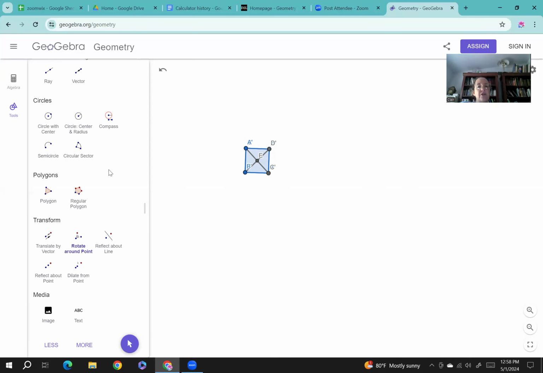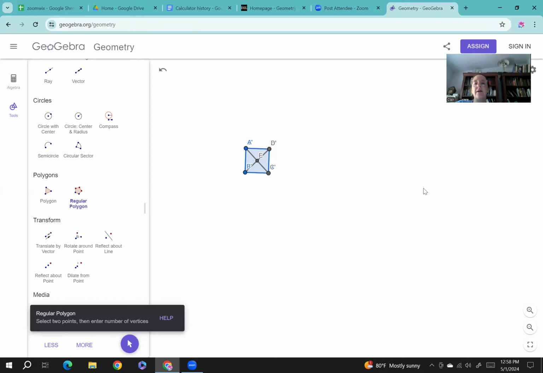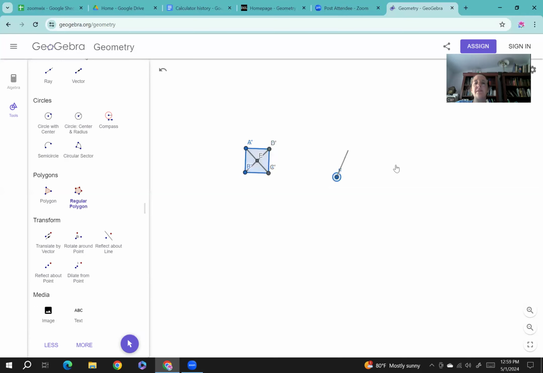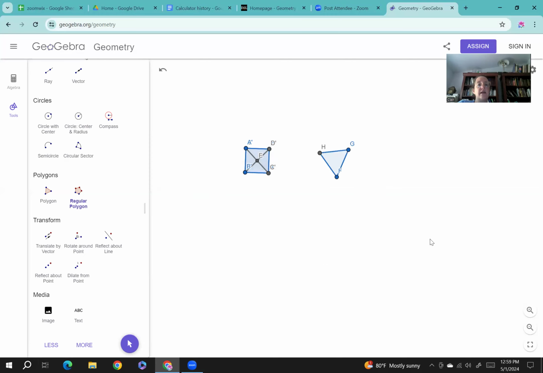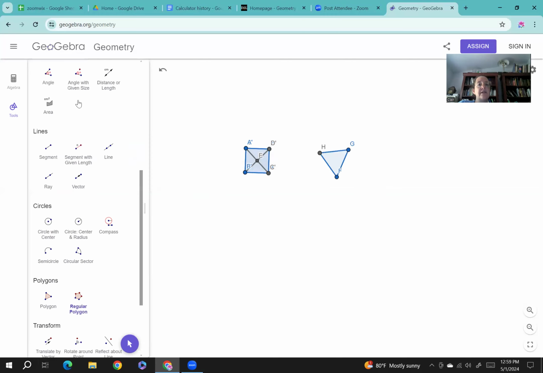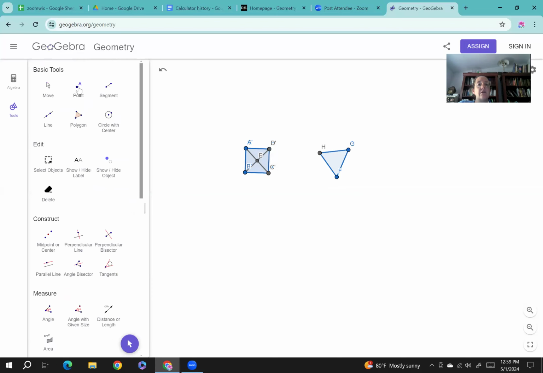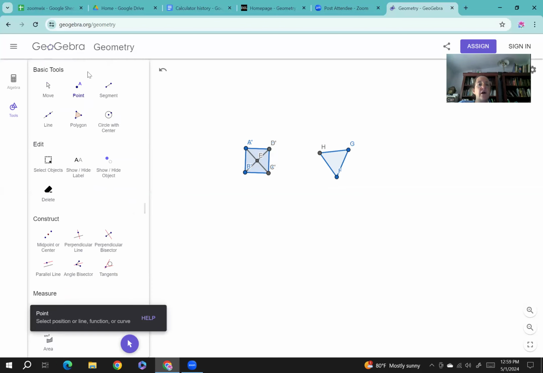All right. Someone also suggested an equilateral triangle. So let's investigate that. So again, we'll use our regular polygon tool. This time we'll tell it to put on 3 vertices. And I'll put a point at the center of the equilateral triangle to use as the center of rotation. Just eyeballing this here.